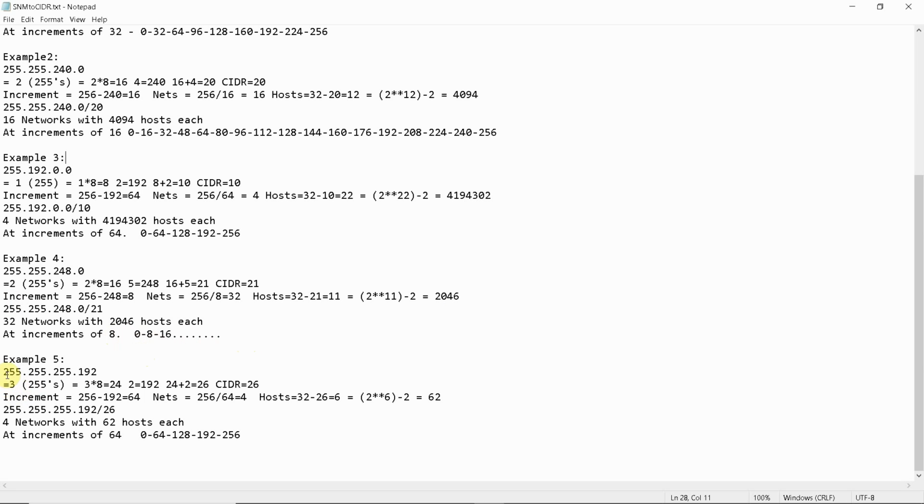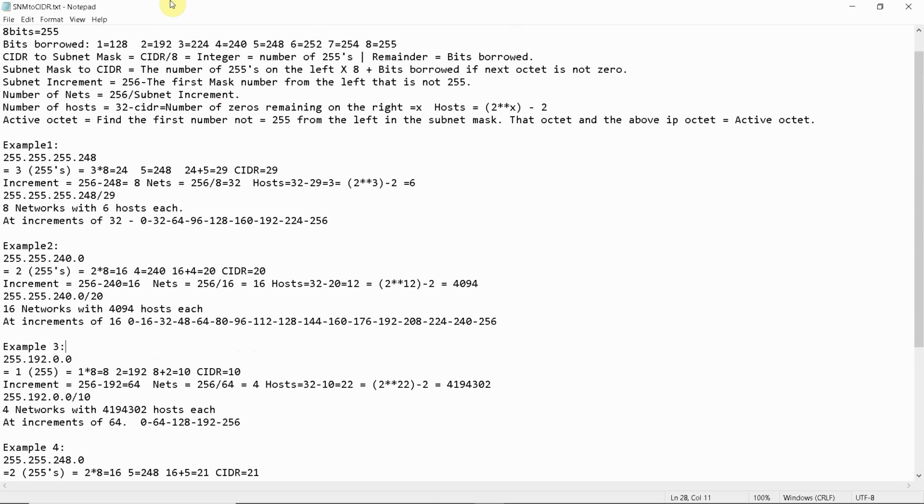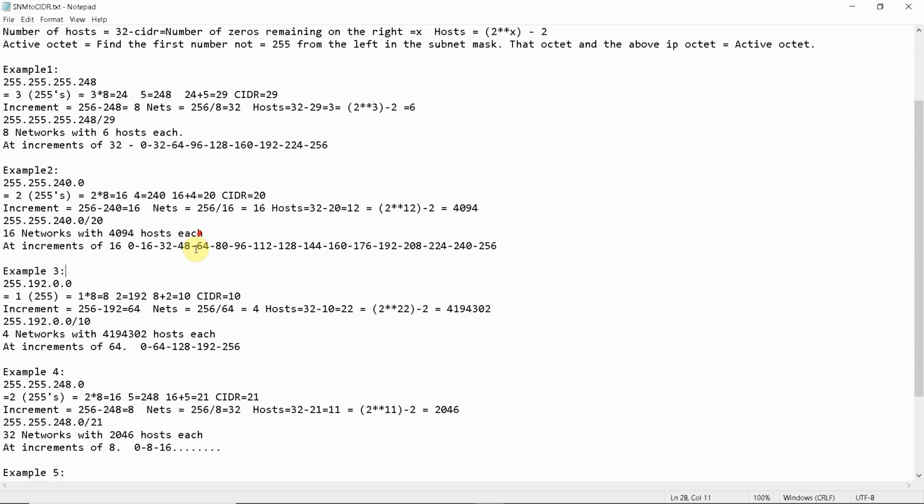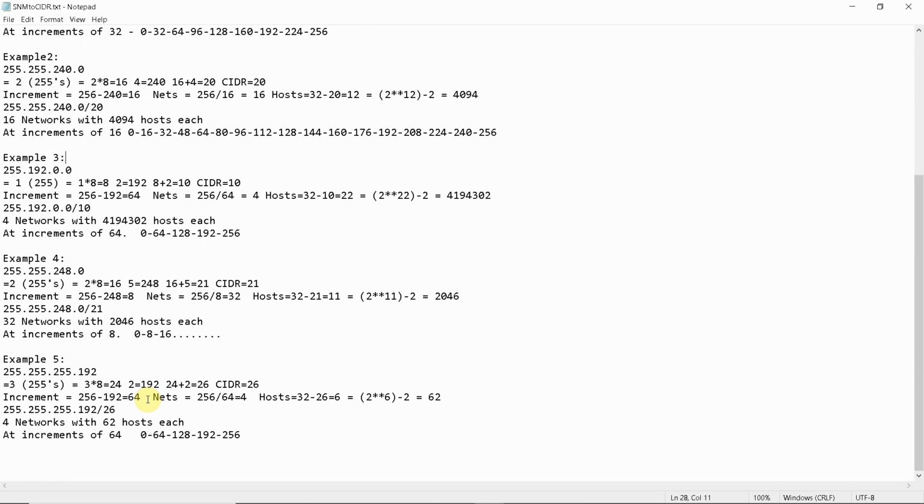Last example, example 5. I'm sorry. So you've got 8 times 3 is 24, plus what is 192? 192 is 2. Just go back up here and look. 24 plus 2 is 26. CIDR is 26.